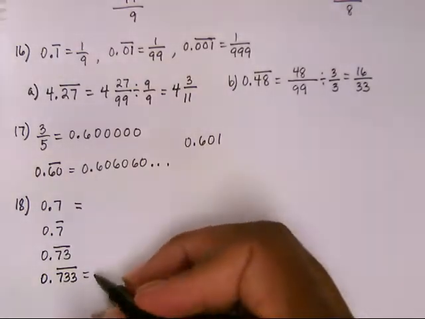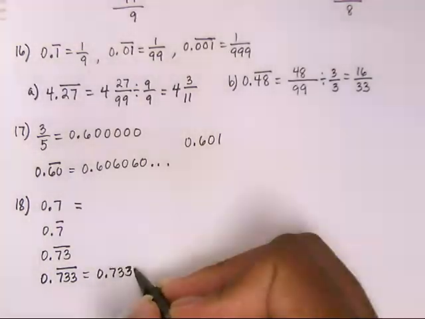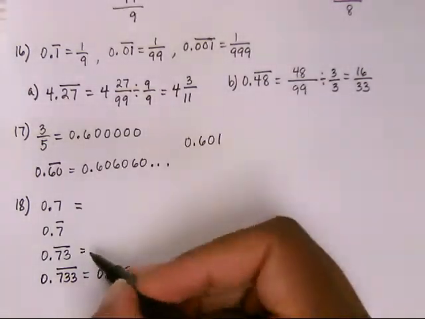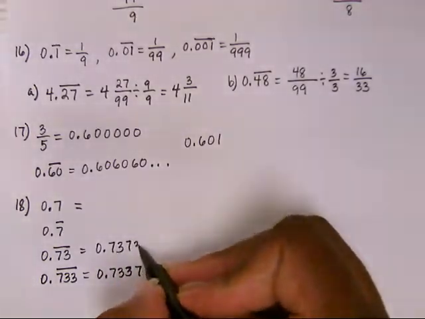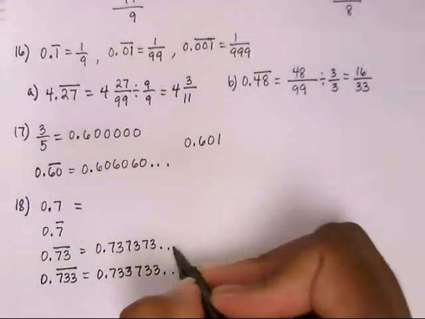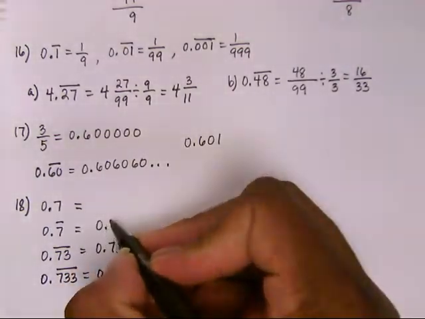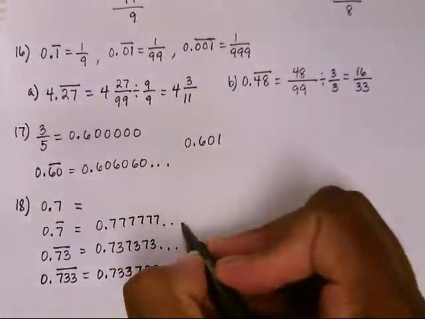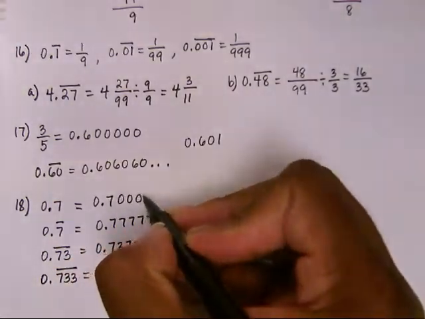Now I'm going to expand 0.733 to 0.733, 733, and so on. 0.73, 73, 73, and that goes on. 0.7, only the 7 repeats, so I'm just going to write the 7 like this. And then 0.7, I'm going to put zeros behind it.